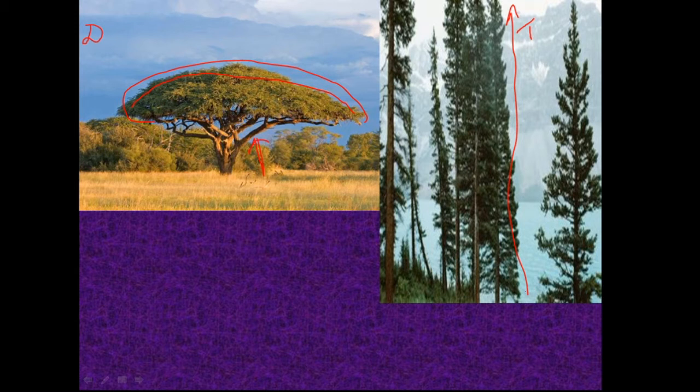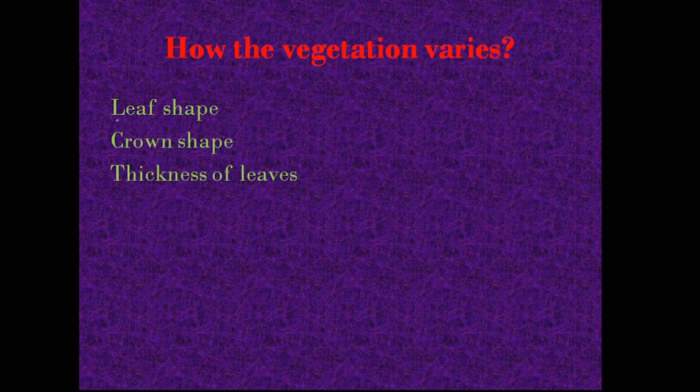Here the crown is conical in shape, and we can see that all the branches are directly exposed to light, right? So these are some of the modifications that a plant shows when the amount of light varies, as well as the vegetation showing variation in the leaf shape and thickness of the leaf.